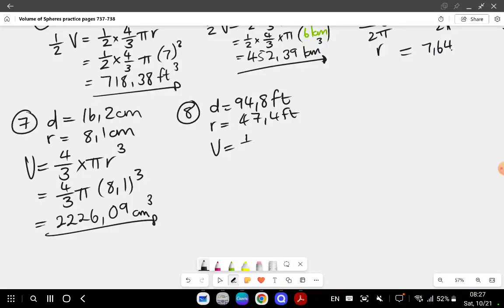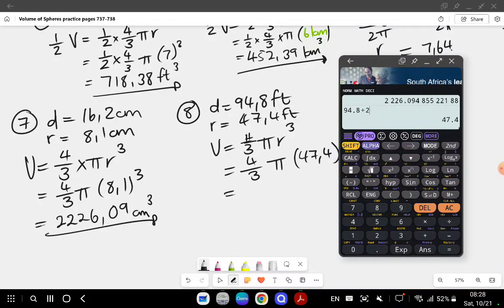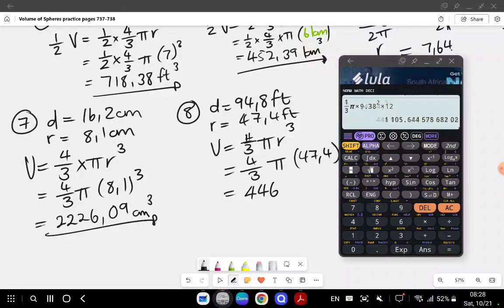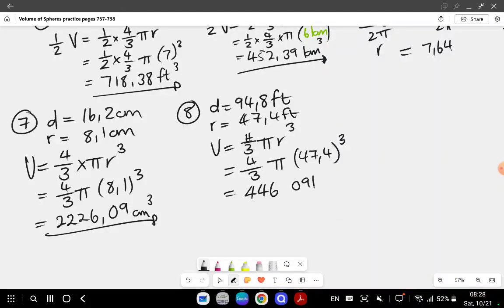Volume is equal to 4/3 pi r cubed, which is equal to 4/3 pi 47.4 cubed, which is equal to, go up 1, and we're going to change this to 47.4. 446,091.18 feet cubed.